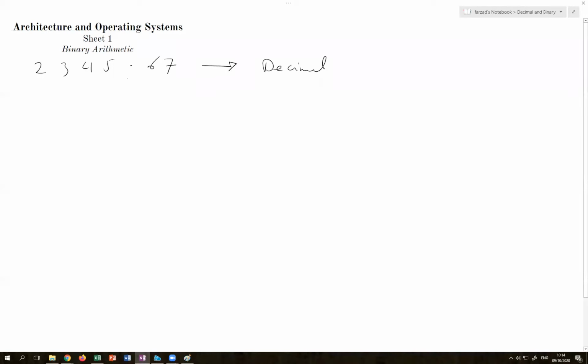In the decimal system, each digit here is meaningful. It's got a meaning. For example, the first one is for the ones. Here is for the tens. Here is for the hundreds. And here is for the thousands. And the rest I will explain.